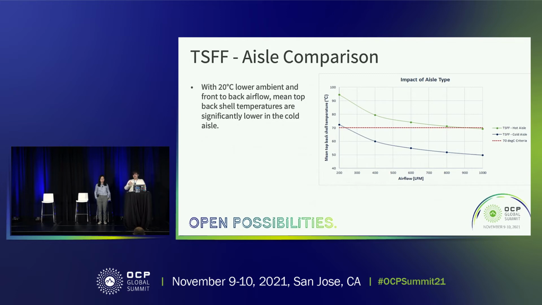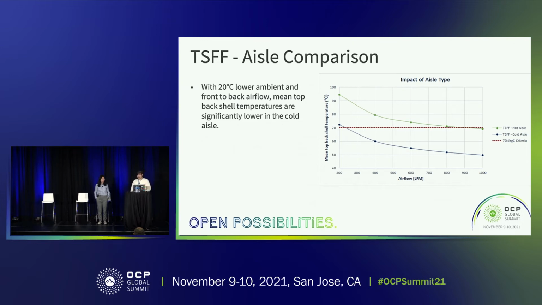So we can see almost a 20 degrees C reduction because of the lower ambient. Again, something that was expected, but we do see the I/O running much cooler with the cold aisle applications. But again, we do have the caveat of limited airflow. So how much the actual performance is going to be is to be determined for these specific applications.